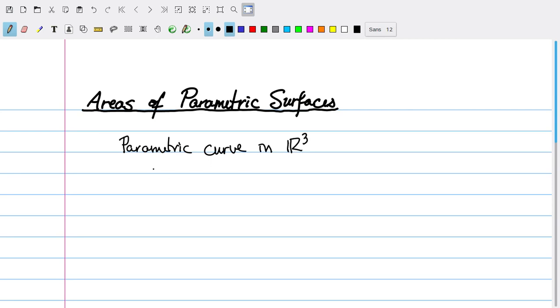So to describe some sort of curve in R3, I give you a function r of a single variable t, which has an x-coordinate, x of t, a y-coordinate, y of t, and a z-coordinate, z of t.